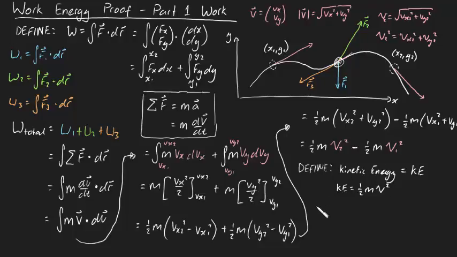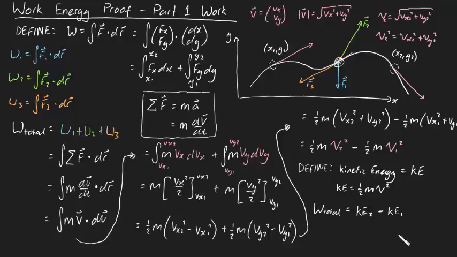So you can see now that your total work on your particle between positions 1 and position 2 is going to be equal to your kinetic energy at your second point. So this is going to be your kinetic energy at your second point subtracted from your kinetic energy at your first point.